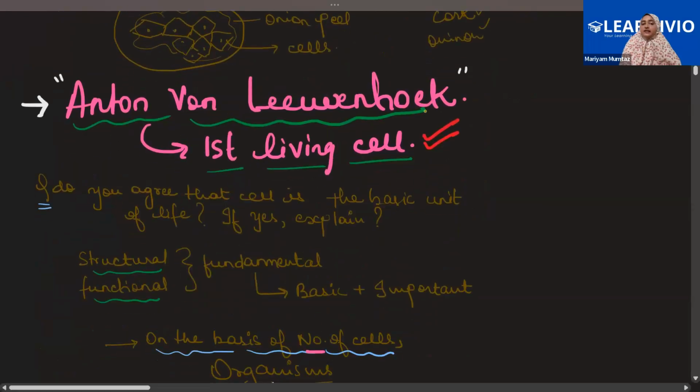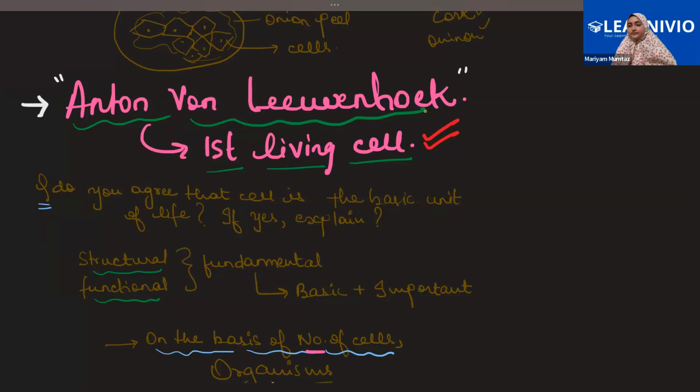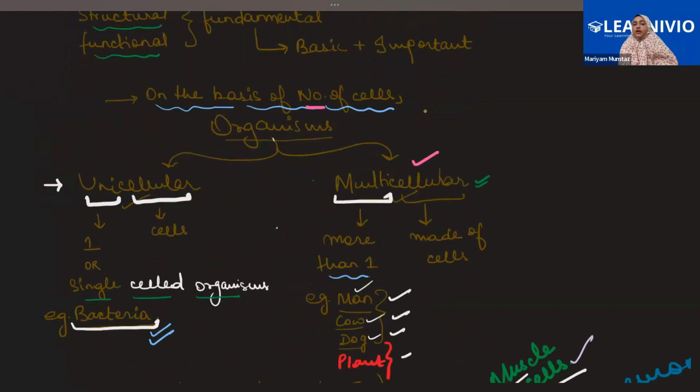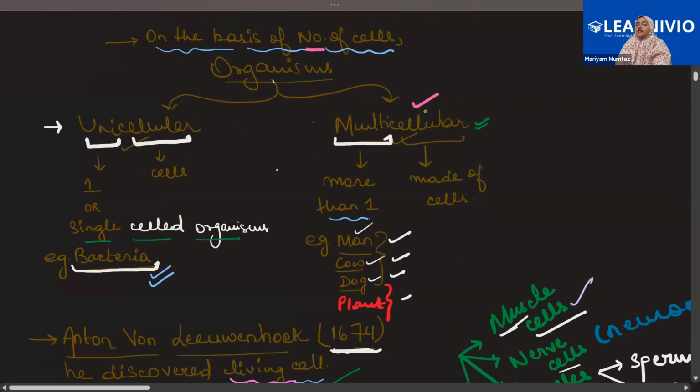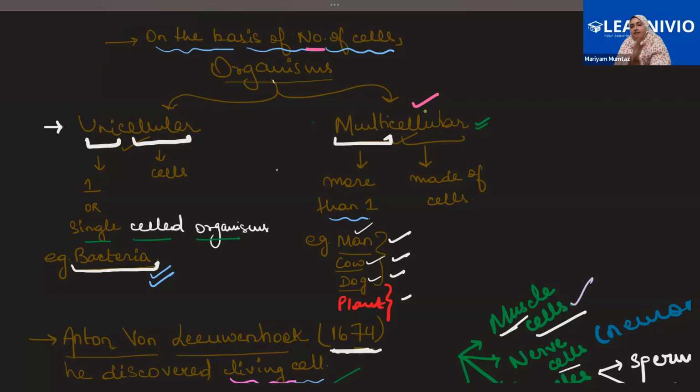Then came another scientist, and his name was Anton von Leeuwenhoek. He was the one who discovered the first living cell, meaning that the cell had protoplasm present and was living. Now, depending upon the number of cells that organisms have in their body, organisms can be of two types. Unicellular, which have one cell; that's it, one cell is their entire body.